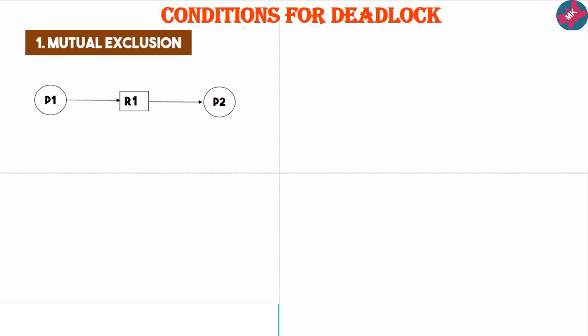Now at the same time, suppose process P2 is there and it also wants the resource R1. In that case, this resource will not be given to the process P2. Means at a time only one process can access a particular resource, which is known as mutual exclusion.